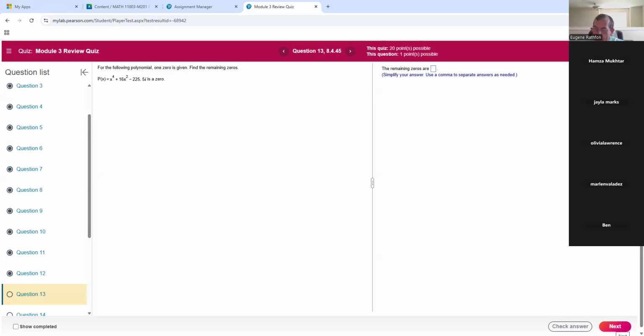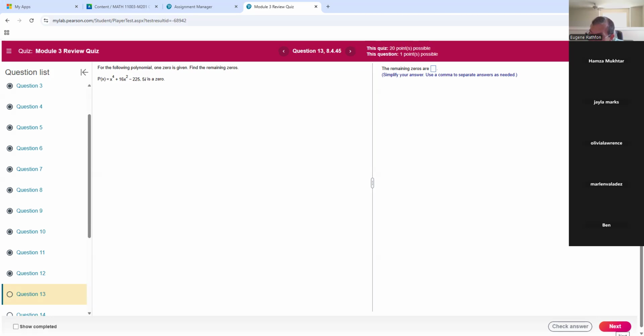All right, y'all, let me see. Let me write this one down real quick. So this is 13. They're giving us P of x equals x to the fourth plus 16x squared minus 225.